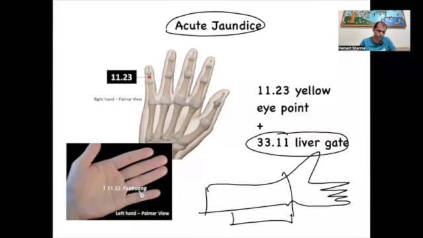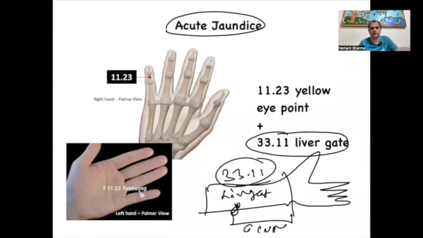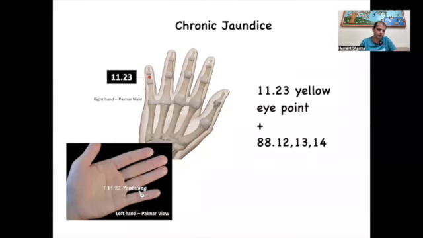We are going to use this point for acute jaundice. But for chronic jaundice, with 11.23, we are going to use 88.12, 88.13, 88.14, upper 3 yellows.